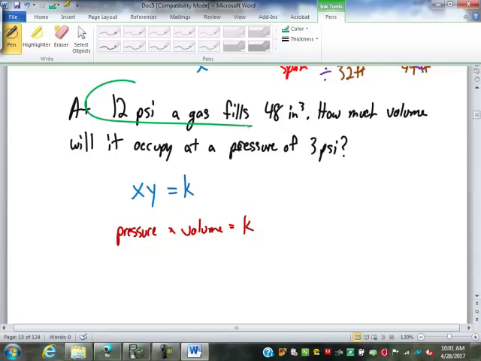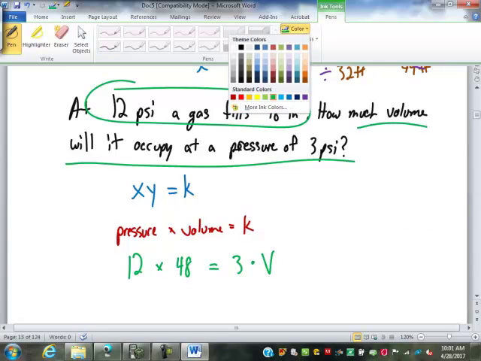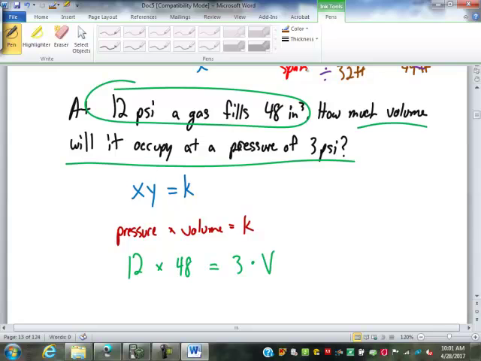So we have 12 psi at 48 cubic inches. So the pressure there is 12 psi times 48 cubic inches. And we want to know how much volume will it occupy at a pressure of 3 psi. So 3 psi times whatever that new volume would be.